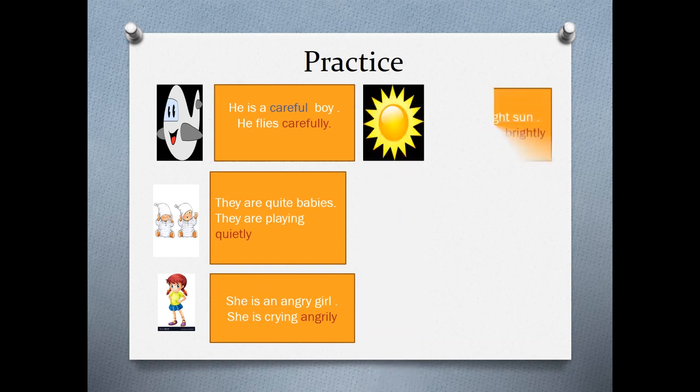Okay, next one. It's a bright sun. Bright is an adjective. Sun is a noun. It's shining brightly. Shining is a verb. Brightly is an adverb. Okay. Next sentences.